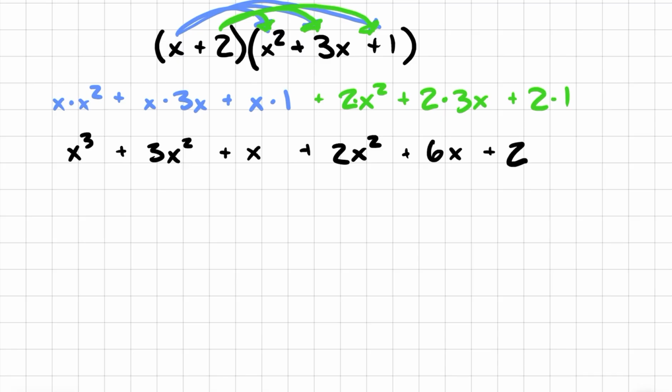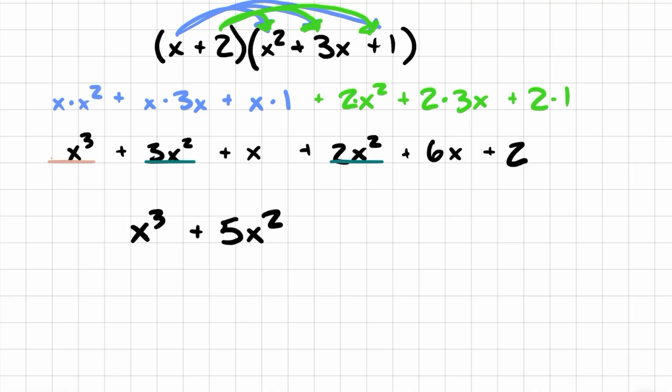Now I'm not quite done. Now that I've done all that multiplication, now I have to simplify it by adding all of the like terms. Okay, so I'm going to look at all the terms with the same variables and the same exponents, and I'm going to combine them. There is only one x cubed, so that is going to be all on its own. I have 2 different x squareds, so that is 3 plus 2 is 5.